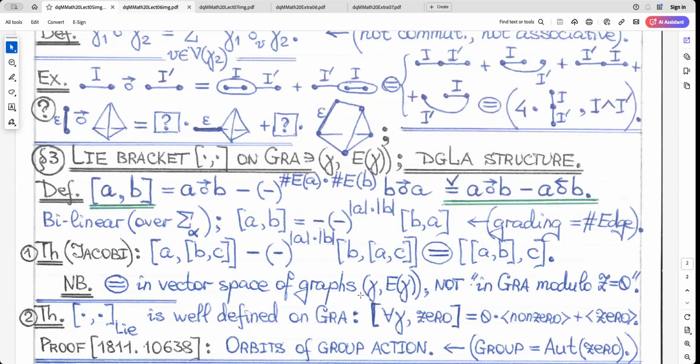So the Jacobi identity holds and all the properties: you take a bracket with a zero graph, it is a zero graph, because everything which is non-zero comes out, accumulates with a zero coefficient plus a linear combination of zero graphs.